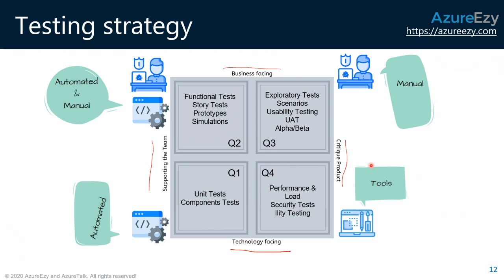So this is the testing strategy you can think of when you are implementing your build, and when you are looking at which tests you can put into the build, and which tests fall into a business facing area where manual work will be required.